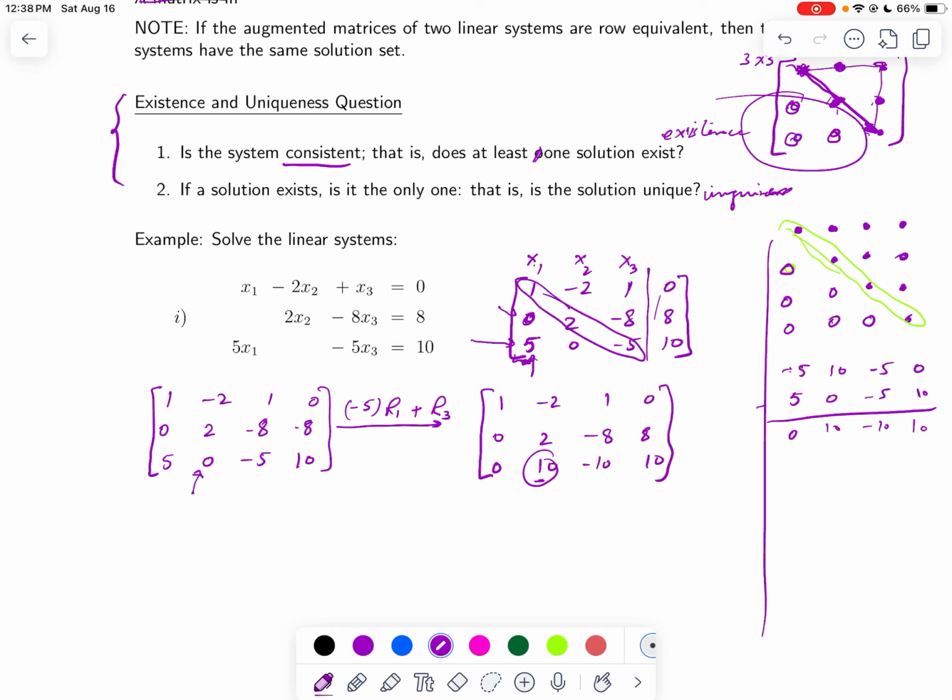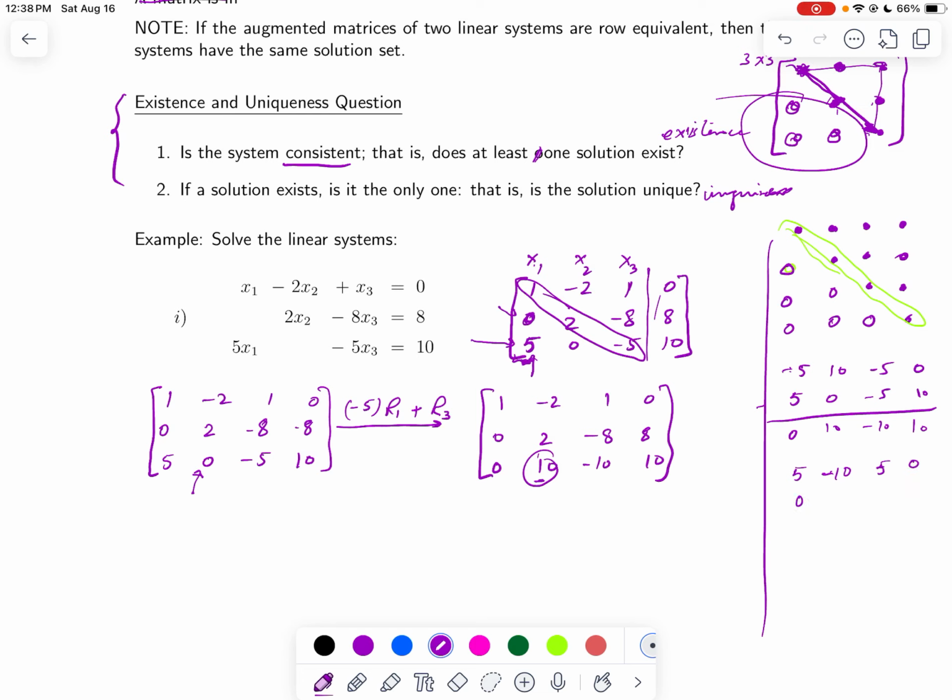If I use the first row, notice that if I add a multiple of the first row to the third row, for example, if I multiply the first row by 5, negative 5, no, 5, sorry, I'm multiplying by 5, not negative 5, I'll get negative 10, negative 5, 5, negative 10, 5, 0.